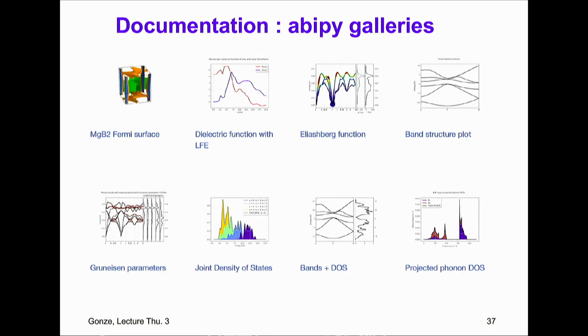Let's try to see this. You can download short scripts that can show you how to compute the Eliashberg function, the MgB2 Fermi surface, Grüneisen parameters, projected phonon DOS very transparently.